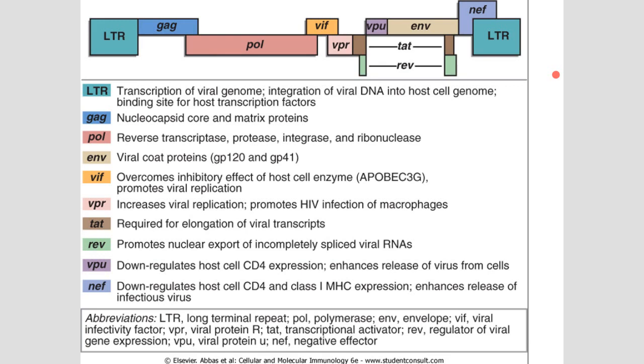If you pay attention to the abbreviations at the end, LTR stands for long terminal repeat, POL means polymerase, ENV means envelope, VIF means viral infectivity factor, VPR means viral protein R, TAT means transcriptional activator, REF means regulator of viral gene expression, VPU means viral protein U, and NEF means negative effector.